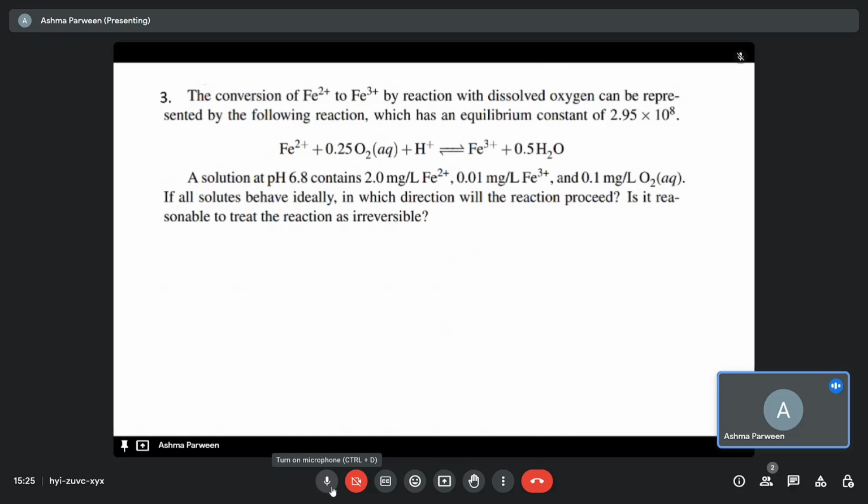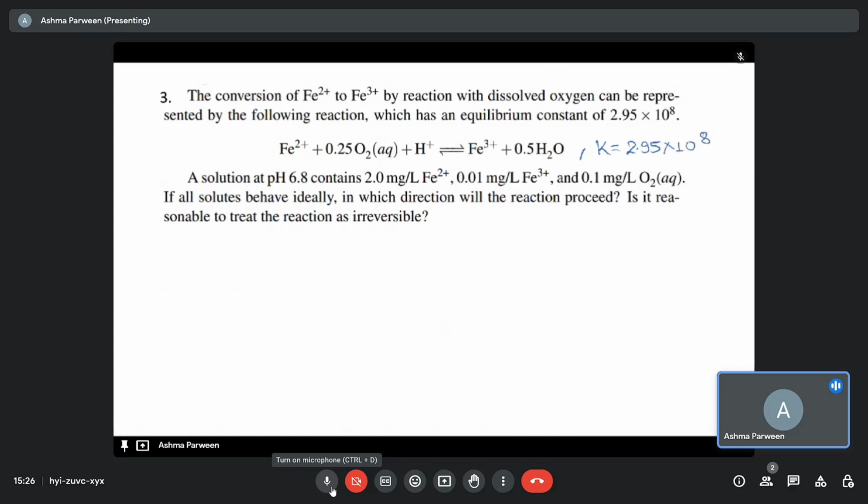So this question is based on thermodynamics. The question says the conversion of Fe2+ to Fe3+ by reaction with dissolved oxygen can be represented by the following reaction, which has an equilibrium constant K of 2.95 times 10 raised to 8.